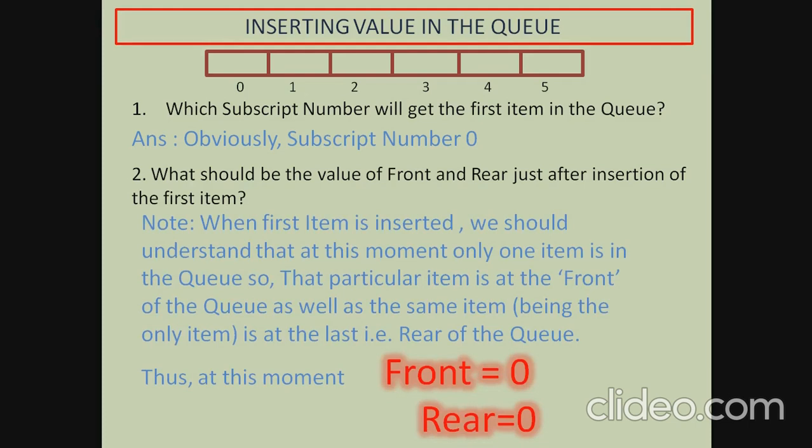So when there is only one item in our queue, that item is at the front, and at the same time that item is at the rear also, because we have one item.